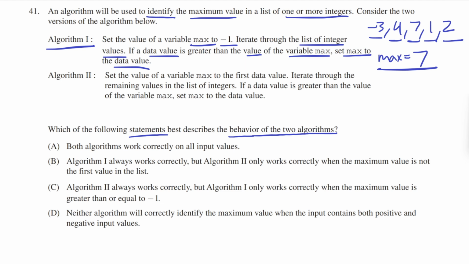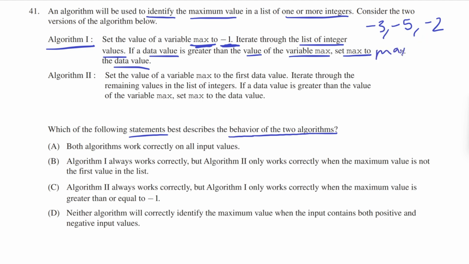Now, there is a problem with this algorithm because initially we're setting the variable max equal to -1. But the problem is if we have a list of integers, say -3, -5, -2, and we want to find the maximum number, the largest number.